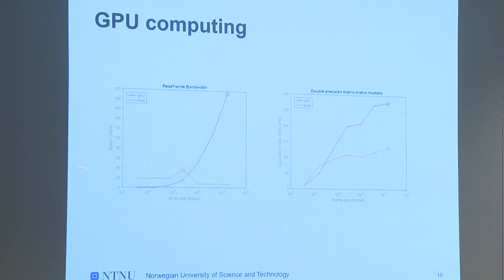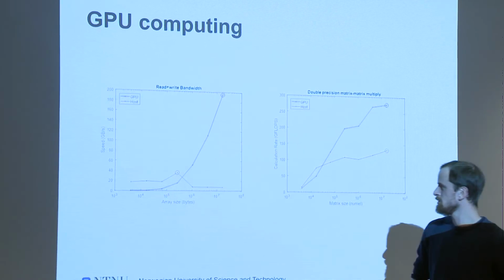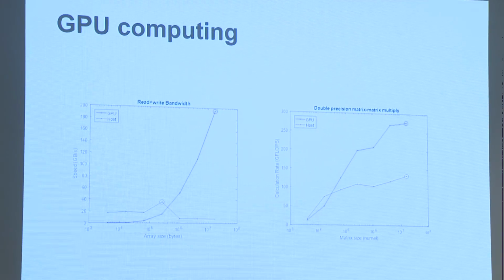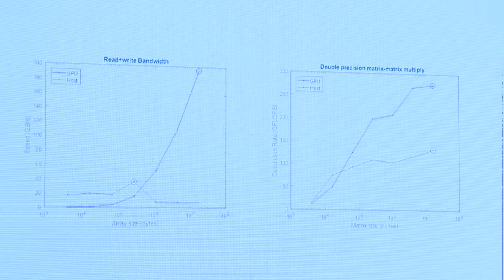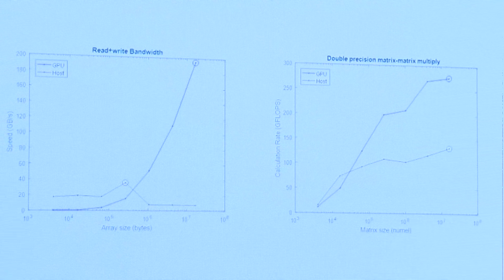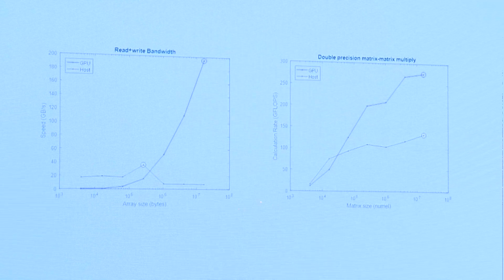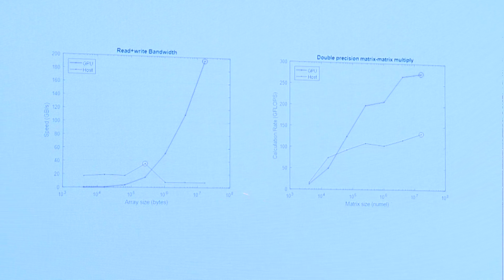One can see that the CPU peaks at around, what array size? Now I have to check again. 200 kilobytes. So at 200 kilobytes, we have a peak in read and write of the CPU, and then it pretty much levels off.